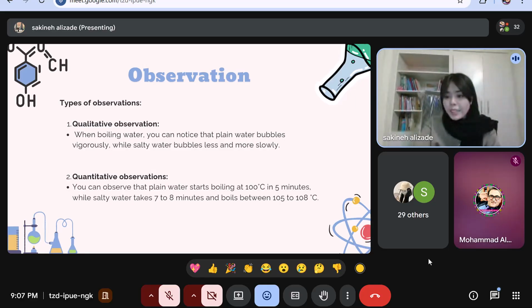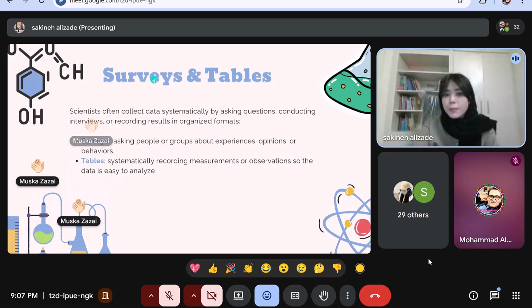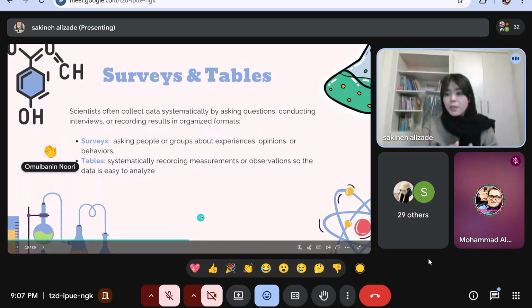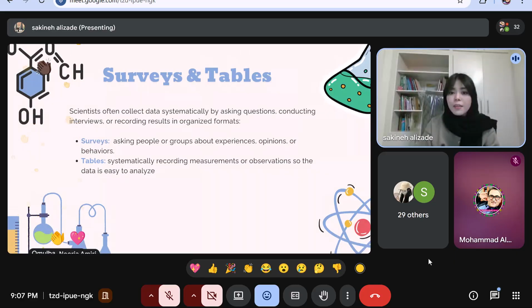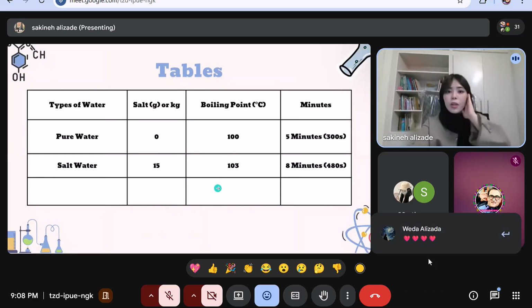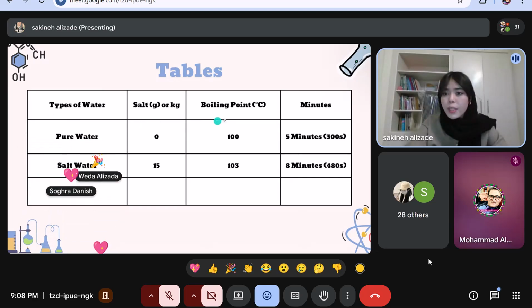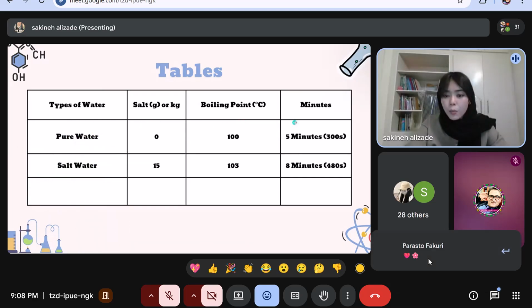And the other one that we are going to discuss is surveys and tables, where we can organize information in a correct and very organized way. We can record data using them, as my other classmates also explained. Our table has the types of water, the amount of salt, the boiling point, and the minutes they took to boil.